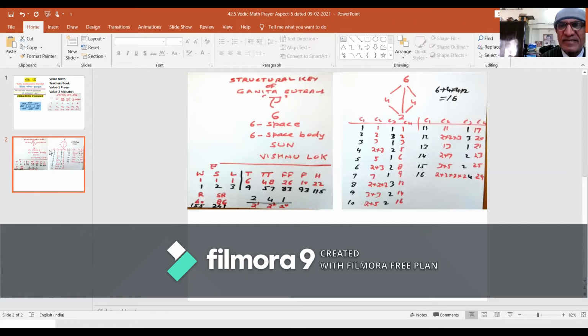Number 6 is unique. It is unique as it is the first perfect number. Not only that, value 6 is a perfect number, but also it is a unique perfect number. Uniqueness of value 6 is that its three proper divisors, namely 1, 2, and 3, are having summation value 1 plus 2 plus 3, 6, and also its product value 1 into 2 into 3 as well as 6.